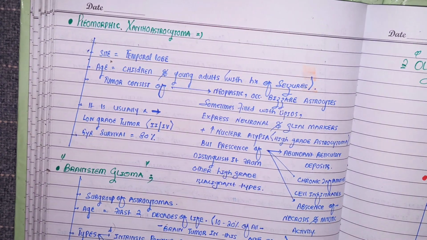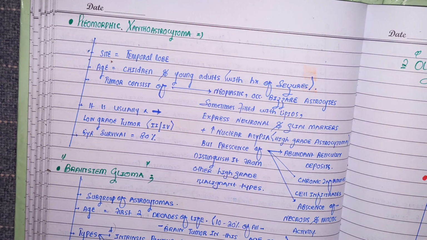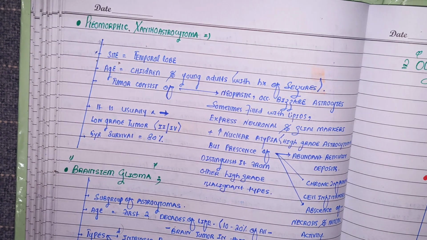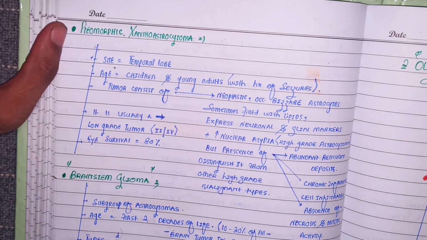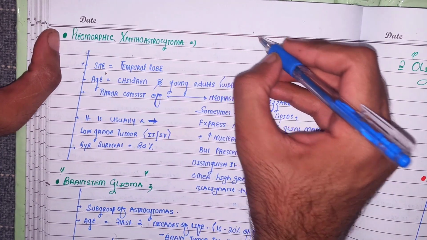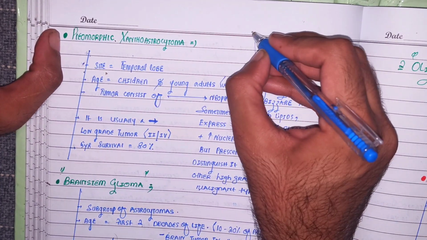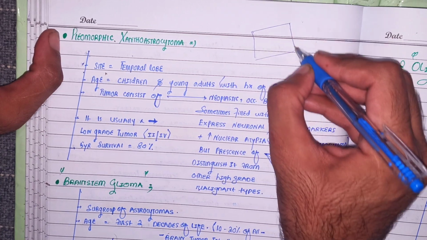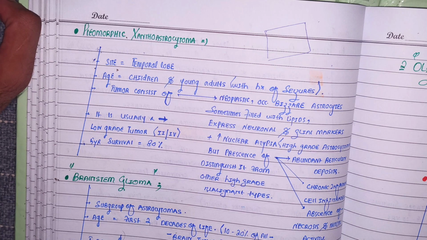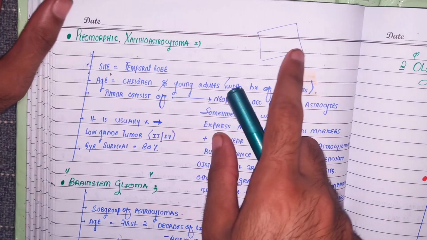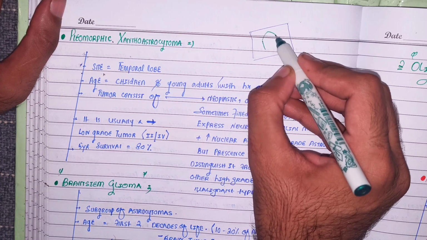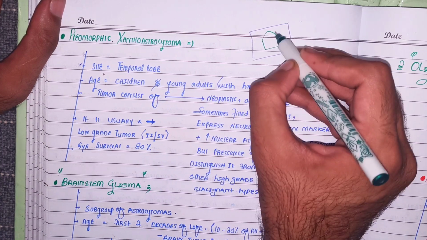This is the age group where this tumor develops. And what about the histopathology of the tumor? You will come to see, let's suppose, this is the temporal lobe of the brain, and this is the tumor present in the temporal lobe.